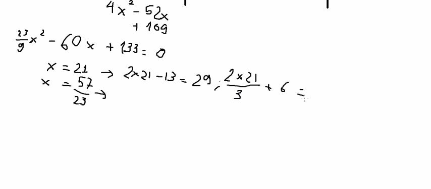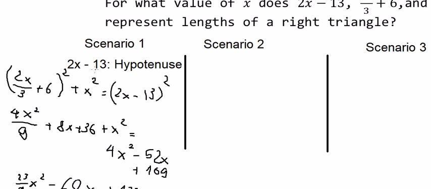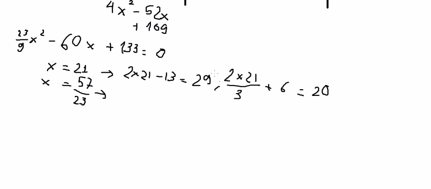You get 20. If you look carefully, this one is the hypotenuse, and the hypotenuse should be the highest number here. So we compare, and this is correct. So we can accept this one.